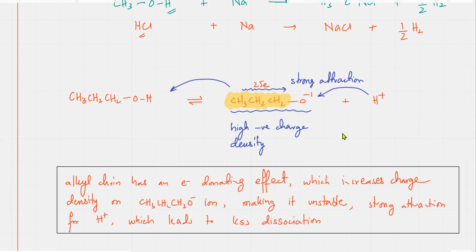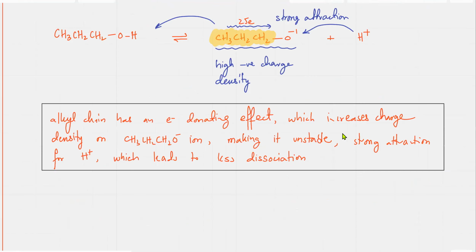Yes, sir. So then, if you have a longer alkyl chain, then the effect would be even stronger. Like it's going to be even weaker. So longer alkyl chains have even more electron donating effect.